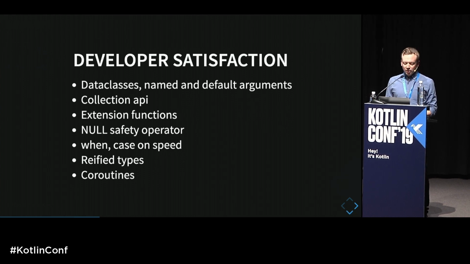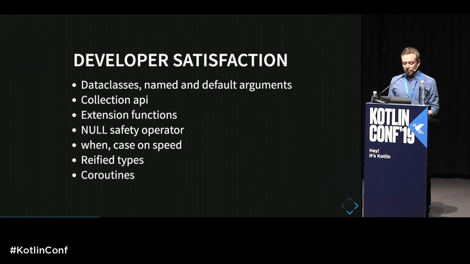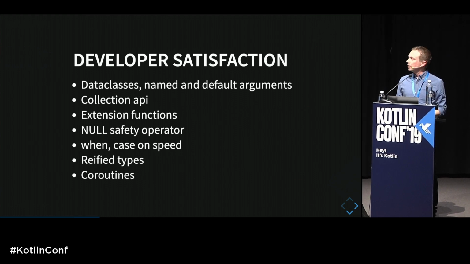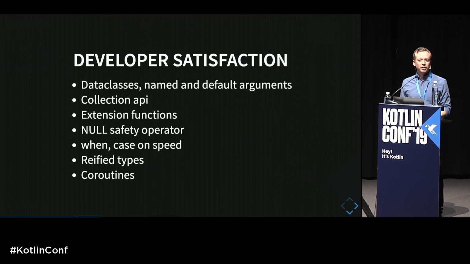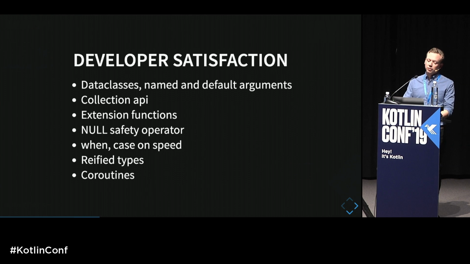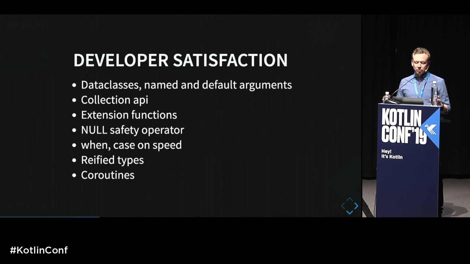It's simple things, but it's really nice when you come from a Java background to have all of these nice tools available. So data classes, collection API, extension functions, null safety, when, reified types, and coroutines. We're not going to go deeper into this in this talk, but most of you probably know it already.